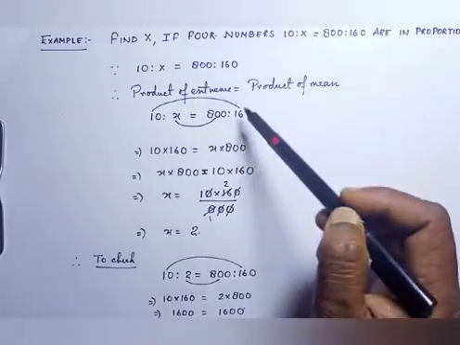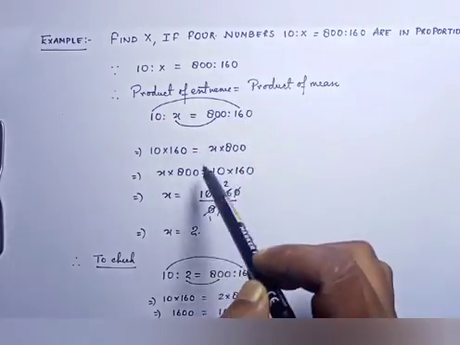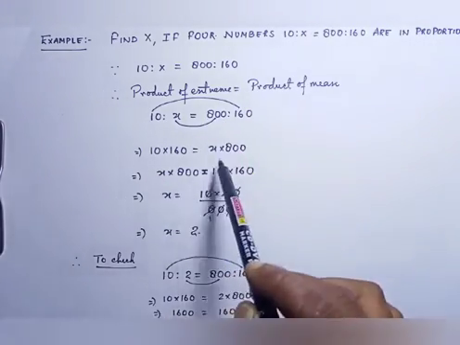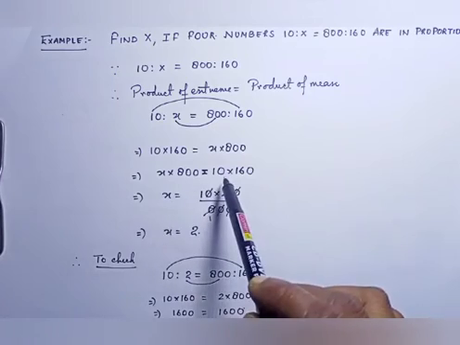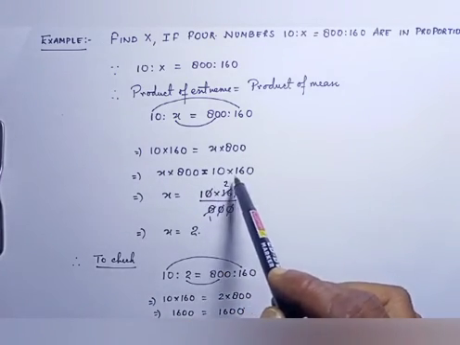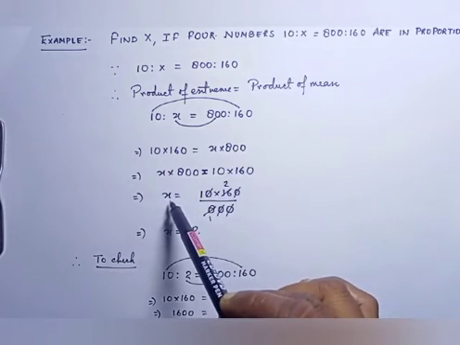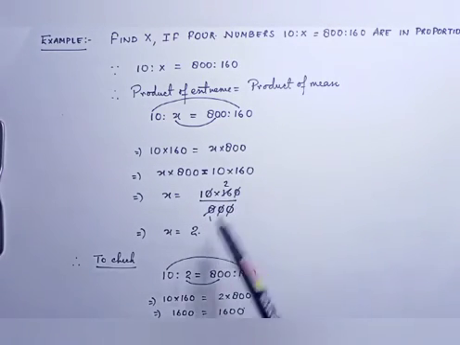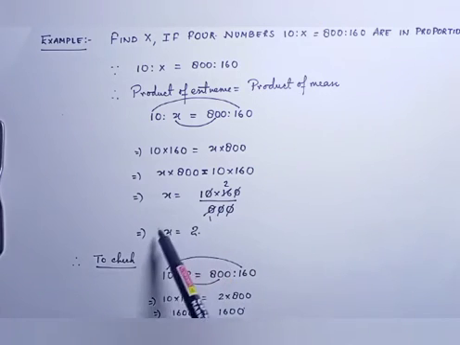So 10 into 160 is equal to x into 800. From here we can directly find the value of x. So x into 800 is equal to 10 into 160, or we can write x is equal to 10 into 160 upon 800. So from here we find that x is equal to 2.